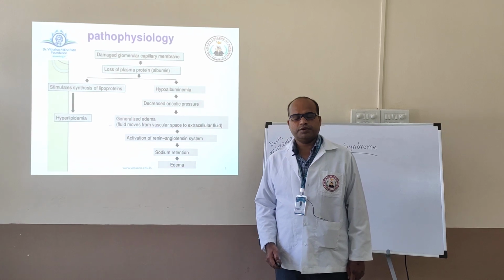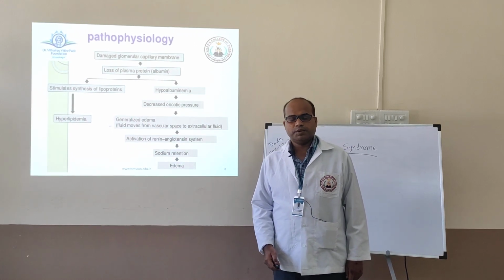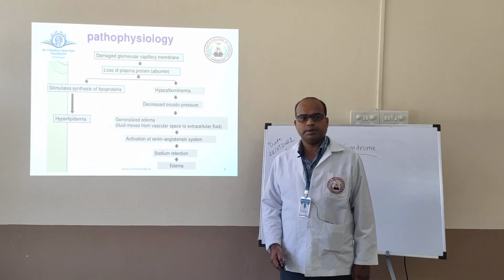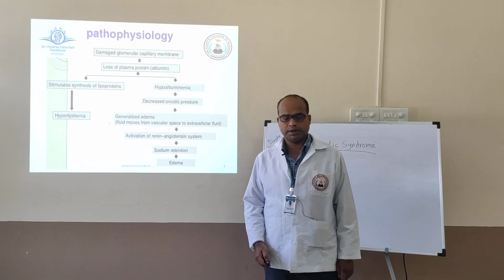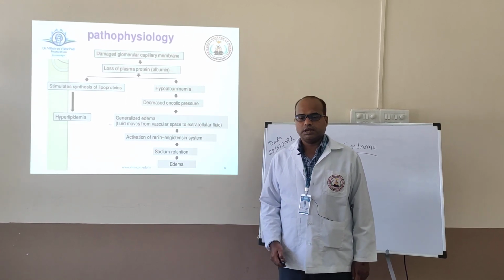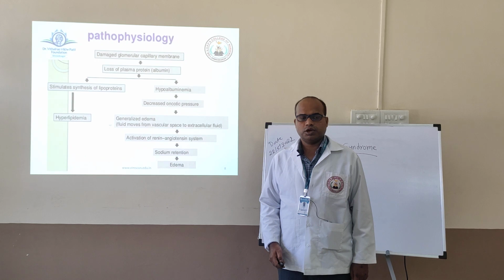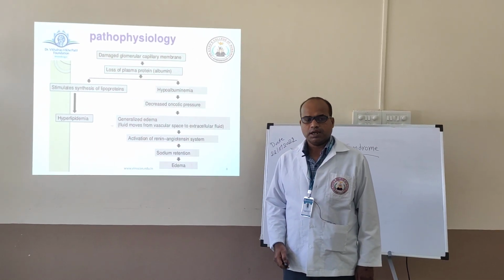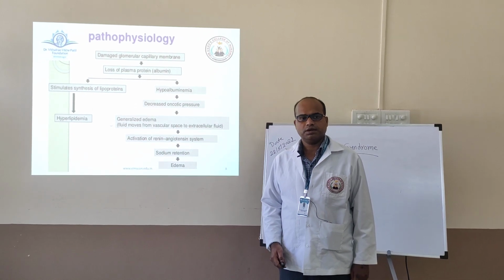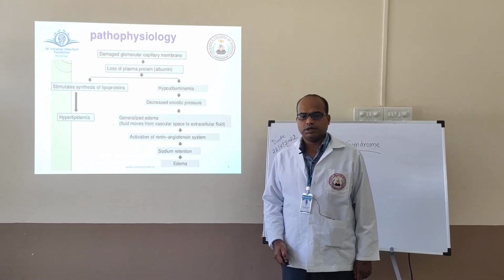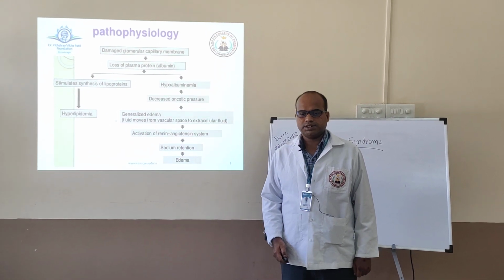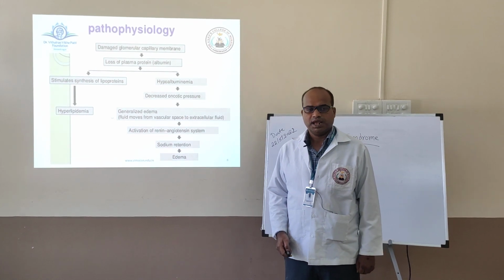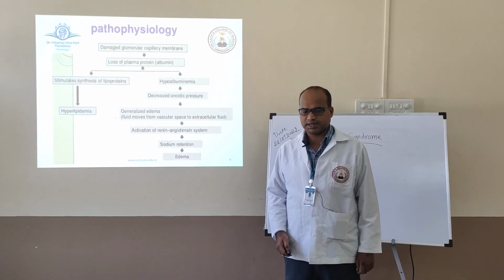Pathophysiology of nephrotic syndrome. Because of all the etiological factors, damage to the glomerular capillary membrane occurs, because of which there is loss of protein, loss of albumin through urine, which leads to hypoalbuminemia. It causes decreased oncotic pressure, which leads to generalized edema as the fluid shifts from the intravascular space to the interstitial space and gets accumulated beneath the skin.